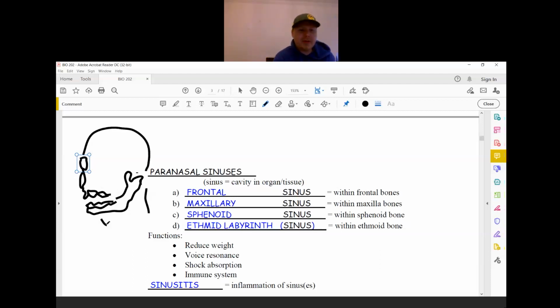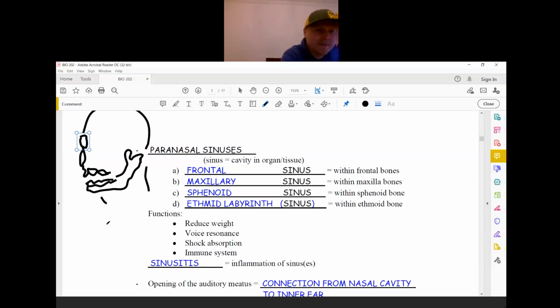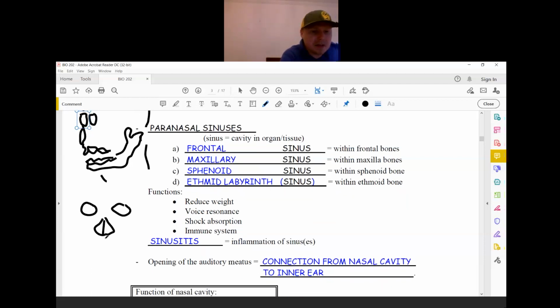Let's do a front view as well. For the front view, eye sockets, the nasal septum, rest of the nasal cavity. Remember, this is the skull, so only the bony part, not the rest. And we'll do the lower jaw as well, the mandible, which comes up here. And rest of the skull.